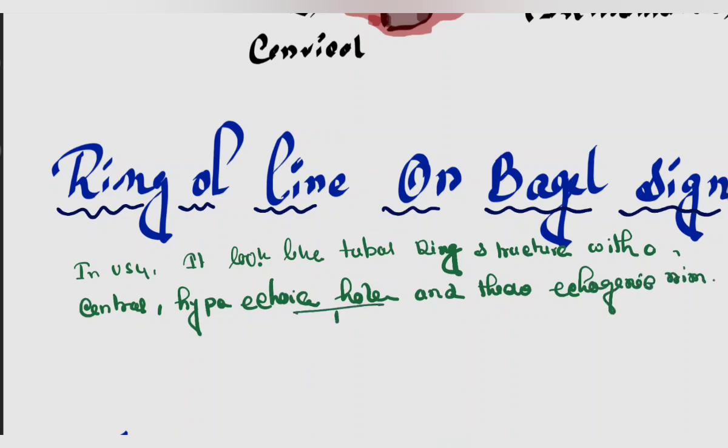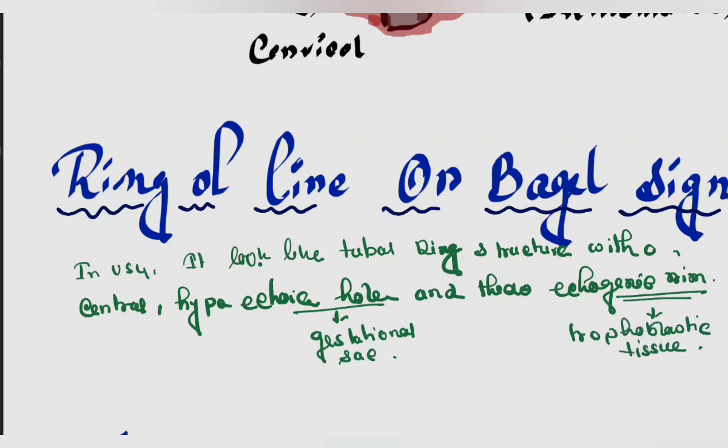That hole represents the gestational sac and the rim represents trophoblastic tissue. For that reason, ectopic pregnancy is also called the ring of fire or bagel sign.